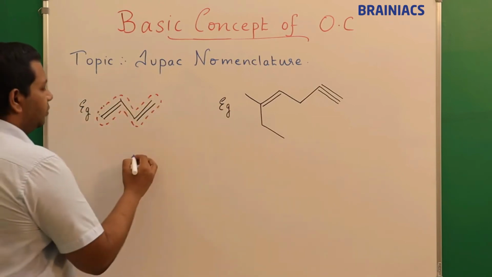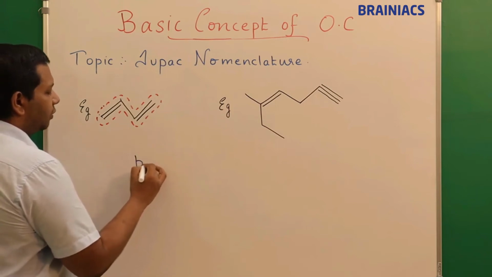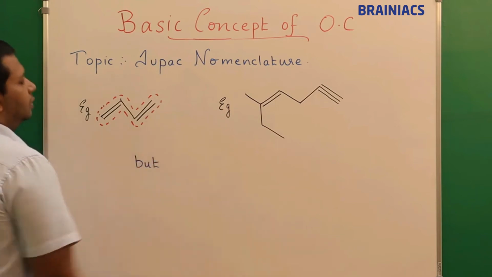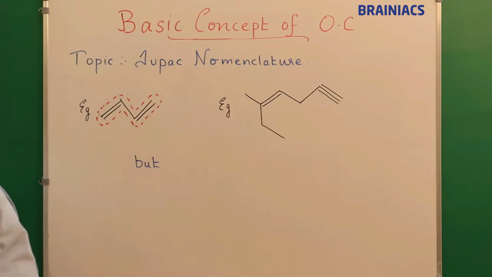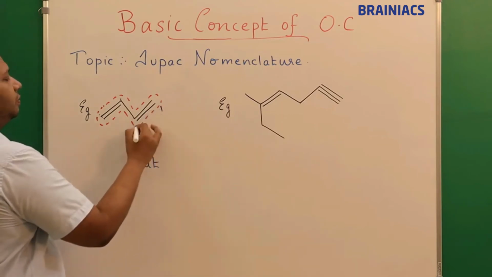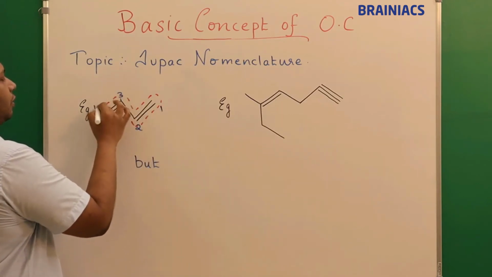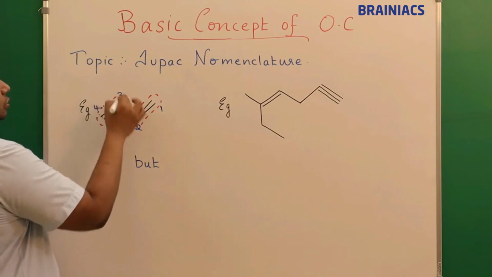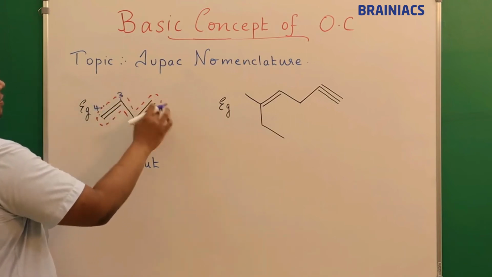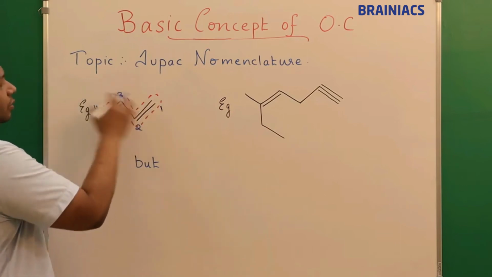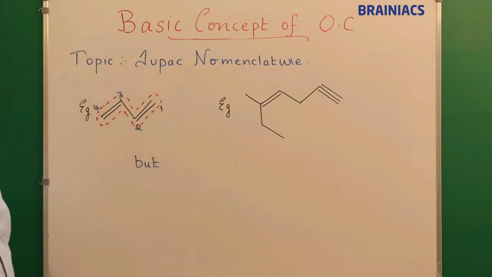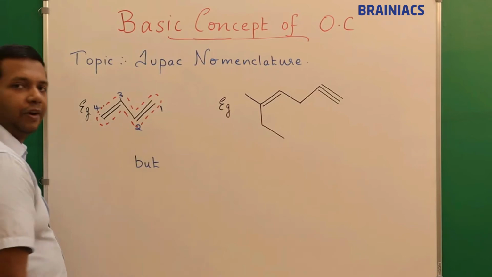So 4 carbon atoms means I know the term should be but. And when you number it, if you number it by this method, 1, 2, 3, 4, or if you number it the other way, 1, 2, 3, 4, again the numbers are similar, 1 and 3 both ways. So this should be okay, fine.